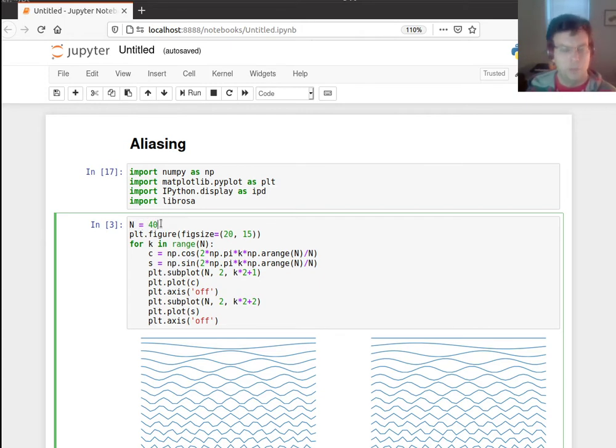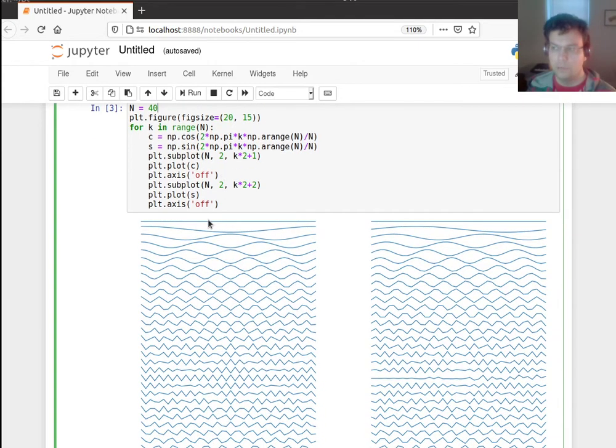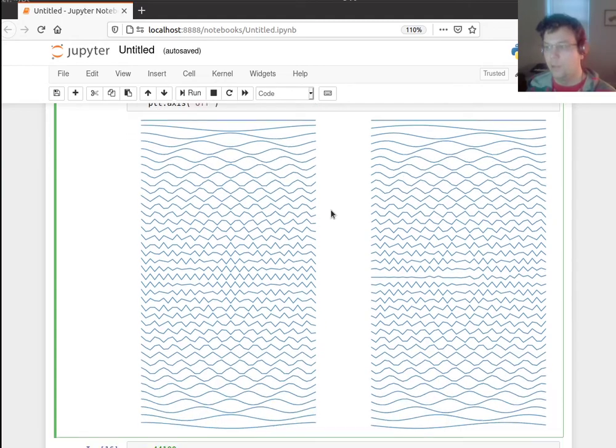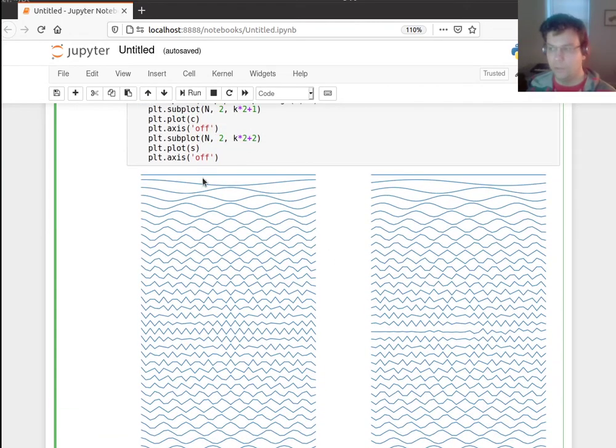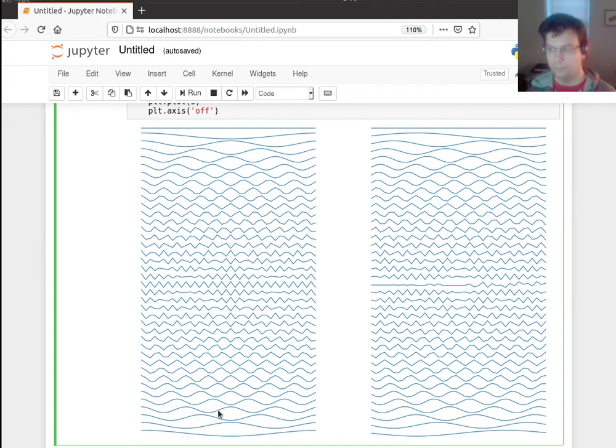When we were doing the real DFT, we only went up to a frequency index of half the number of samples. But now we actually go all the way. Here's an example with 40. We look at the cosine, the real component on the left, the sine or the imaginary component on the right. What I notice is this mirroring in frequencies. Once I get halfway through, I start to get the same frequencies coming back the other way.